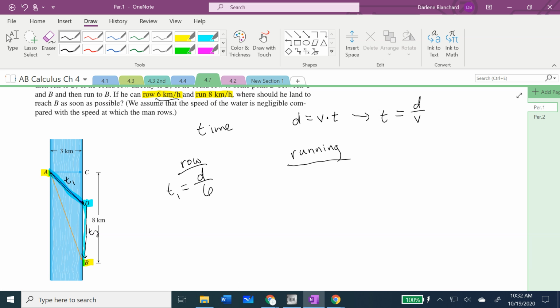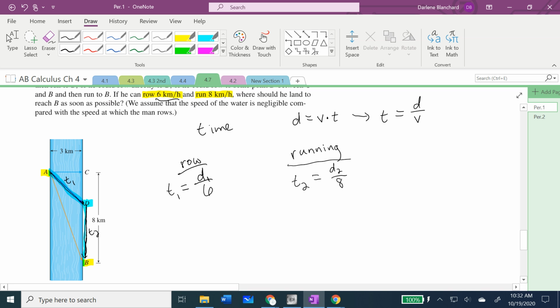For running, its time, I'm going to put a sub D1 with the time 1 and a sub D2 for the time 2. I need to know this distance, and I'm going to divide that by the speed of running, 8 kilometers per hour.